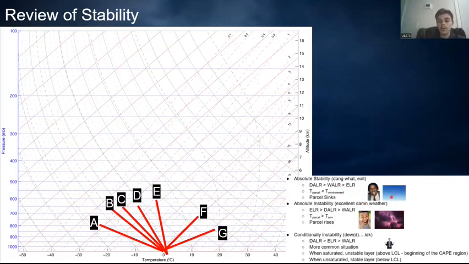It's absolute stability. If the order is EDW, then excellent damn weather. It's what we want if we want severe weather. Conditional instability is if the order is DEW. Now, just to tell you, it can never be WED because, as we talked about in the last video, it's impossible for the wet adiabatic lapse rate to be greater than the dry adiabatic lapse rate.